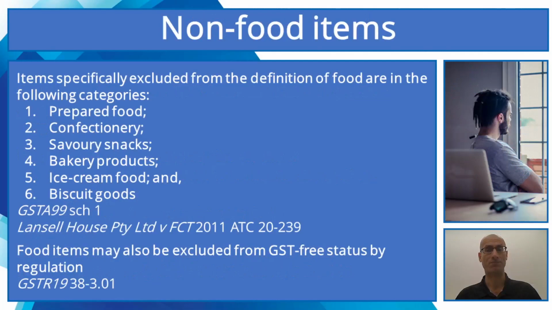The exception to the exception are foods that are deemed by the powers that be to be unhealthy. And these include confectionery, savoury snacks, bakery foods, ice creams and biscuits and such like. So those aren't considered to be food within the purpose of the GST regime, and thus GST does apply to those particular classifications of items.